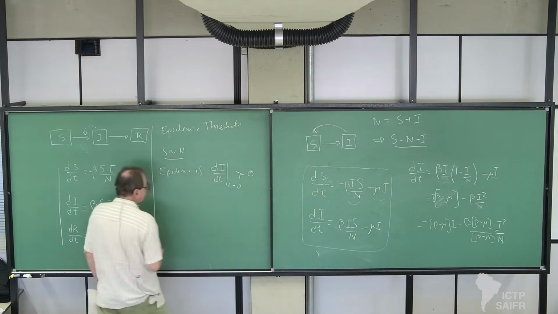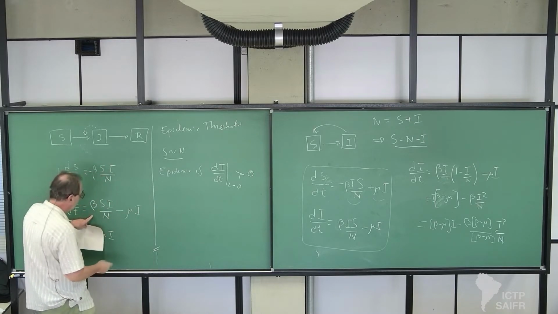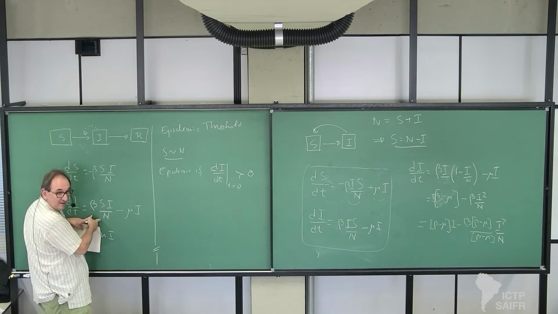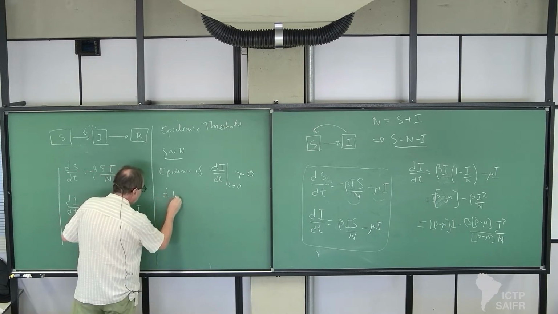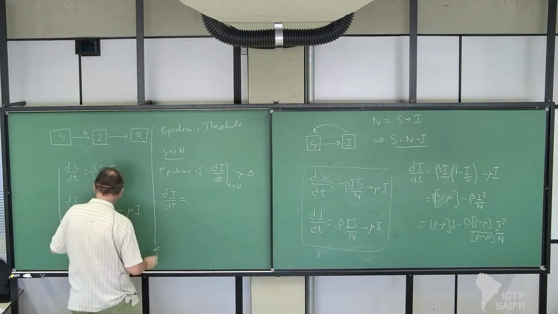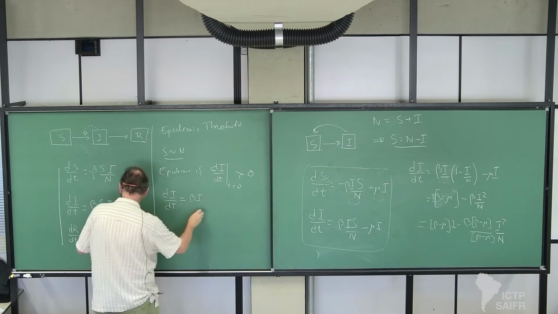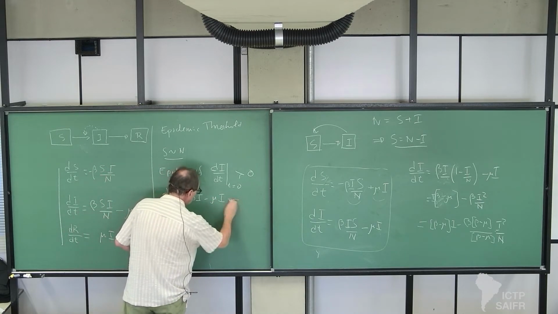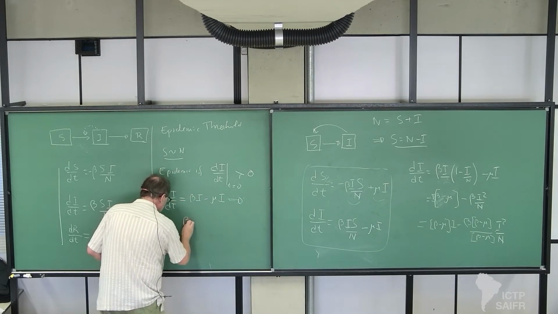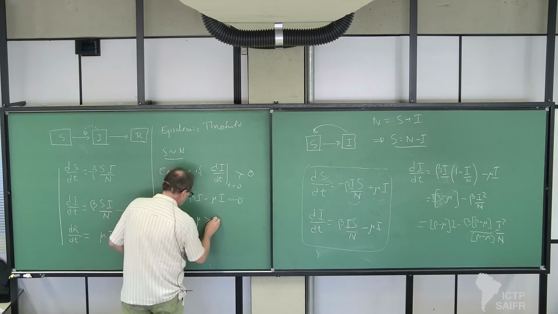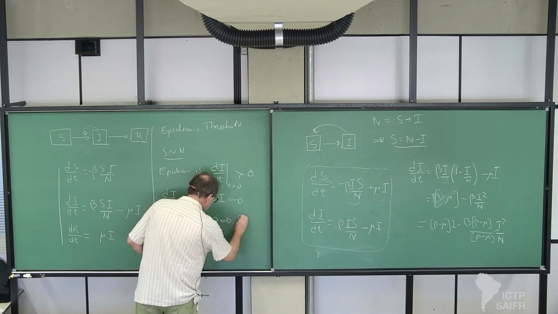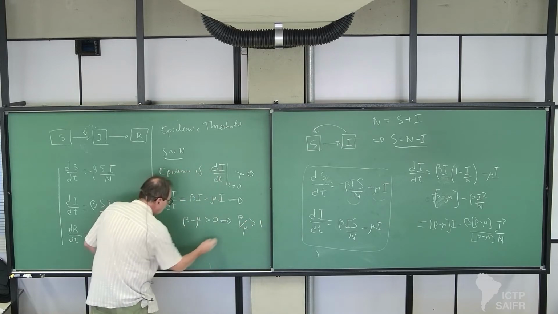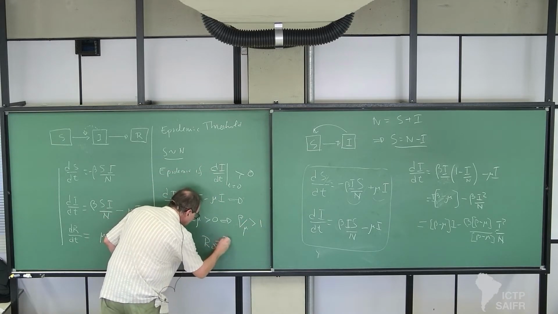This is very easy to see from this equation: if you put S equal to N, then dI/dt is equal to beta times I minus mu times I. Therefore, I need beta minus mu positive, therefore beta over mu is bigger than 1, and this is R0, beta over mu.